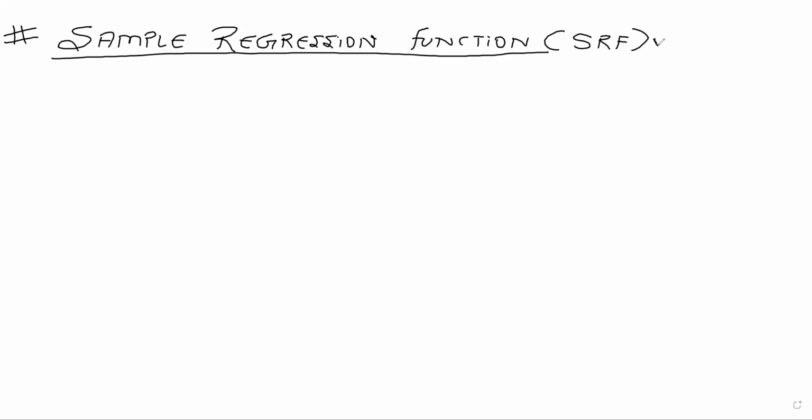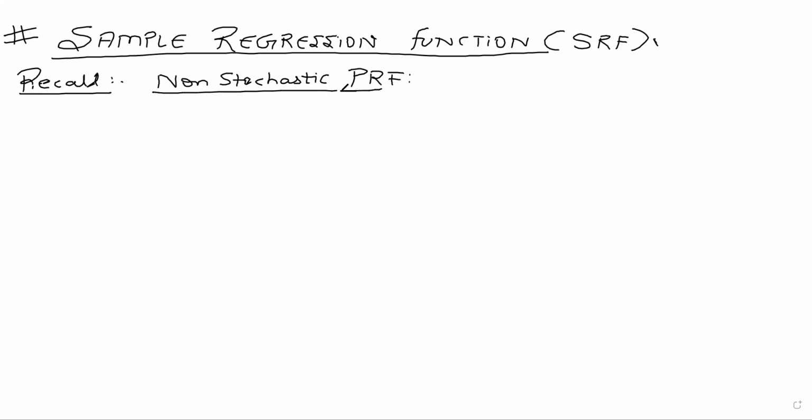If you all can recall, my non-stochastic population regression function was the expected value of yi is equal to capital B1 plus capital B2 times xi.